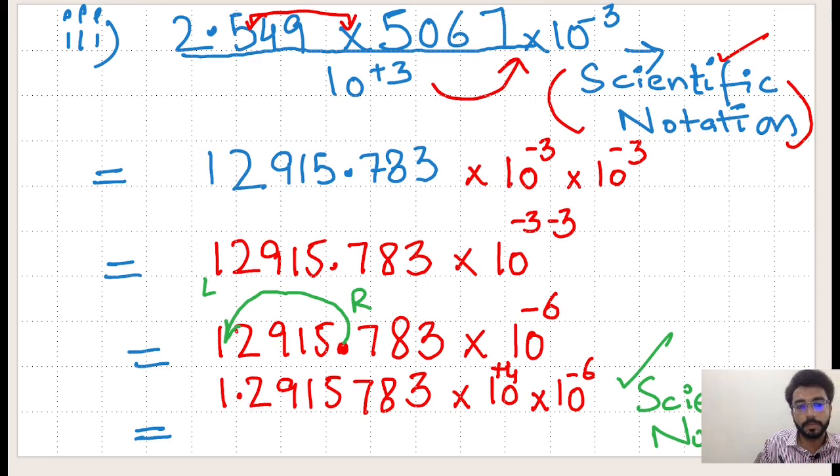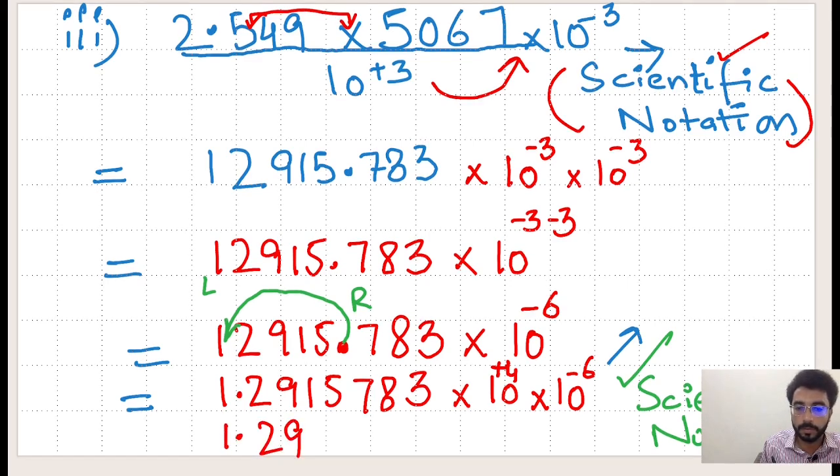So I solve this further question here. Now it will become 1.2915783 into 10 raised to power positive 4 negative 6.